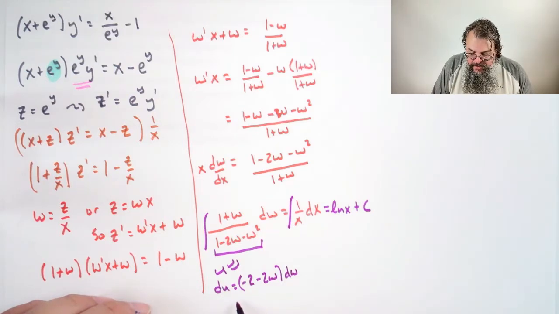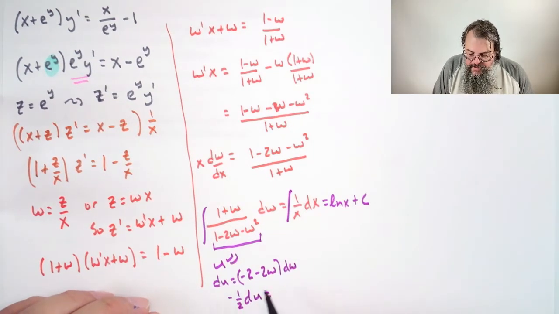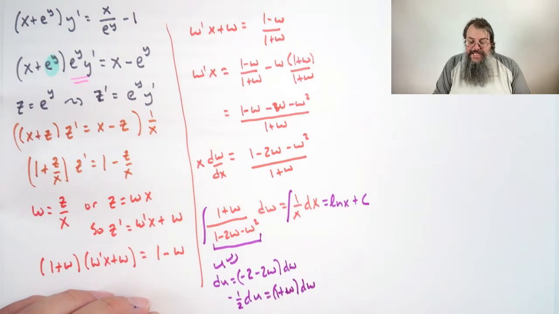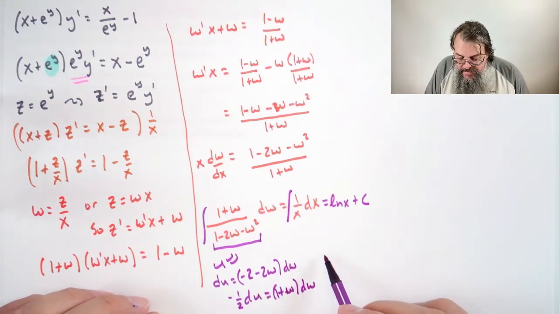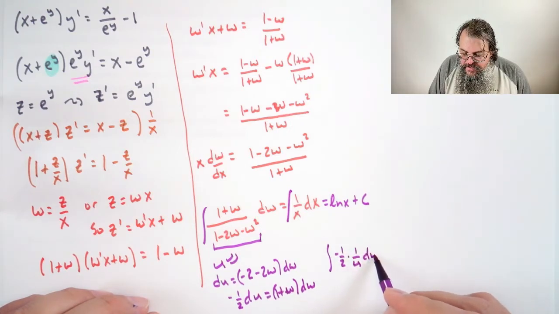Or you can say, oh, minus a half du is equal to, if we divide through, 1 plus w dw, which means that the integral becomes, on the left-hand side, minus 1/2 1 over u du.